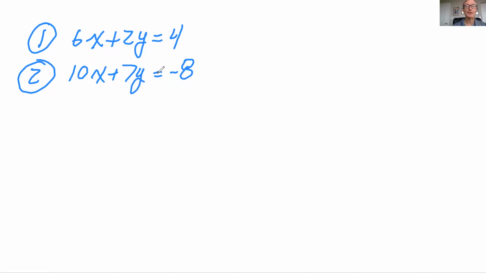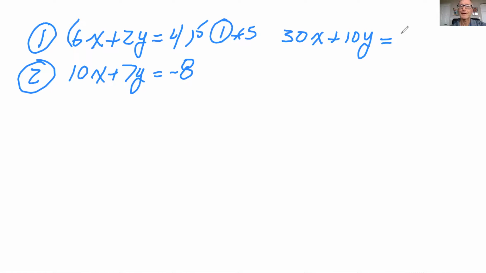So what I'm going to do is eliminate the x variable. I could, for example, multiply equation 1 by 5. If we take this whole equation and multiply it by 5, it would give me 30x, and then 2 times 5 is 10, so that would be 10y, and 4 times 5 is 20, and that would equal 20.